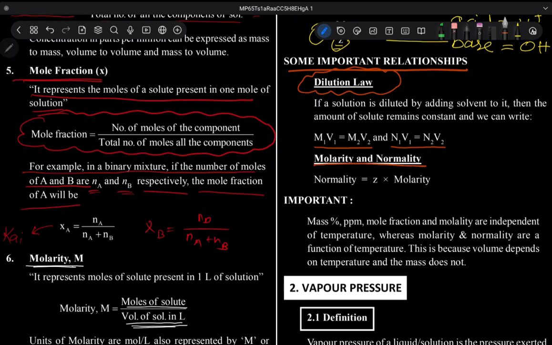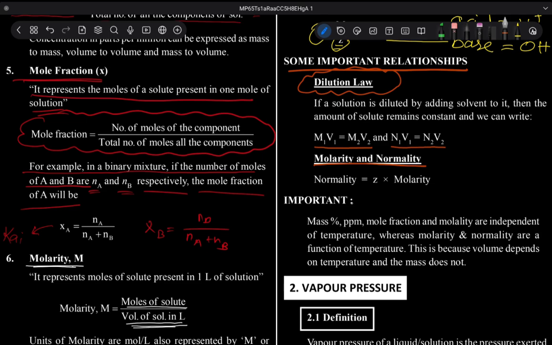Let's talk about molarity and normality. These two terms both measure how strong a solution is, but they count different things. Molarity counts the whole molecule and normality counts the active parts of the molecule, like H plus ions in an acid and OH minus ions in a base.